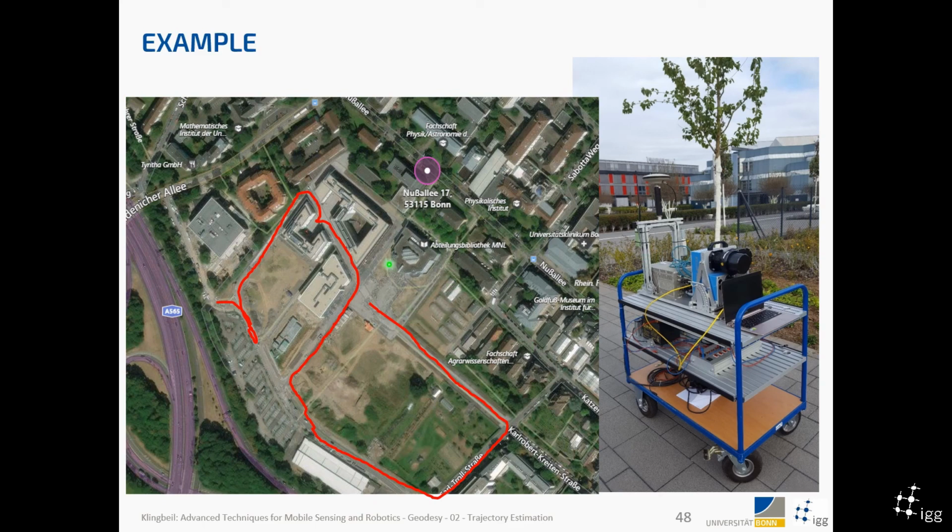What we did here is we drove, this is the library, and we drove towards, I think, Poppelsdorf, along that, then back here, in between the new buildings on the campus and towards here. This is the trajectory that we drove with the system, and it generated measurements from the IMU, like angular rate and accelerometers, and the GPS coming from here.